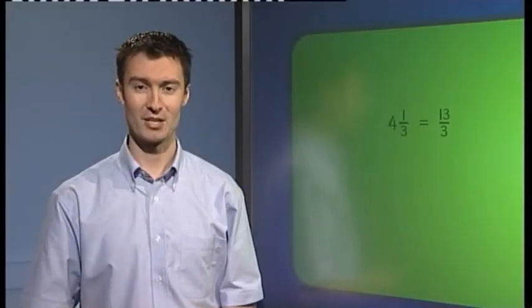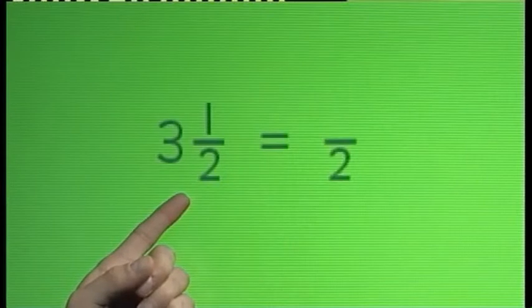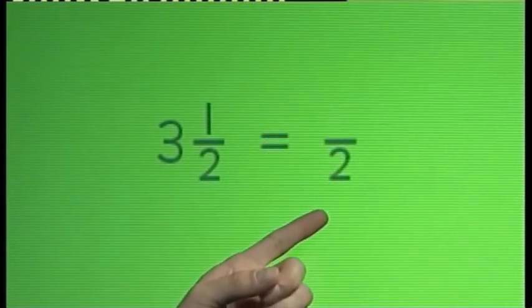Okay, let's practice on some more mixed numbers. And we'll start with 3 and 1/2. Now I want to make it into an improper fraction. That is, how many halves are there all together? So, the bottom number stays the same as the bottom of this fraction. So it will be something over 2.